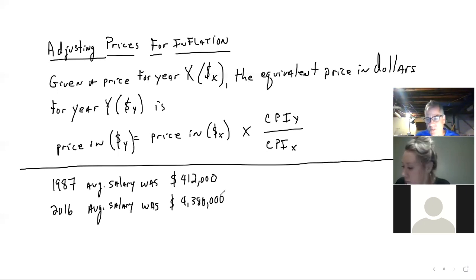So here's an interesting question. We could certainly compute the rate of inflation from 1987 to 2016. Are these numbers respective of inflation? That is, given inflation, what should the salary be in 2016 if you just factored in inflation?